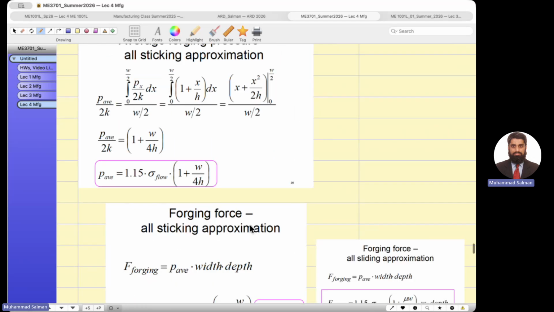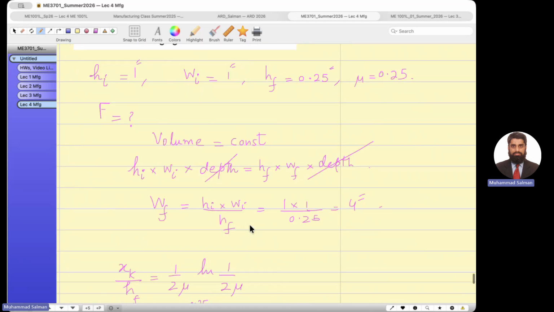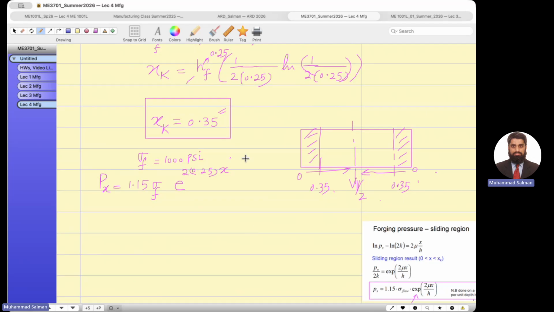So let's keep it algebraic here, 0.25 divided by the final height, which is how much? 0.25. This is cancelled by this, so what is this? 1000 multiplied by 1.15 e to the power 2x.